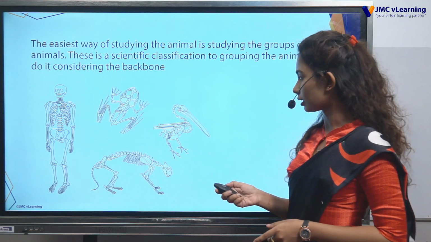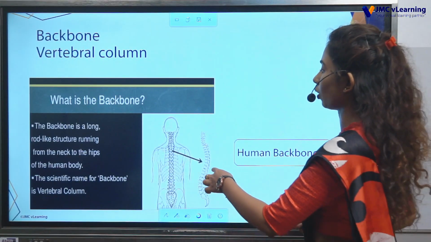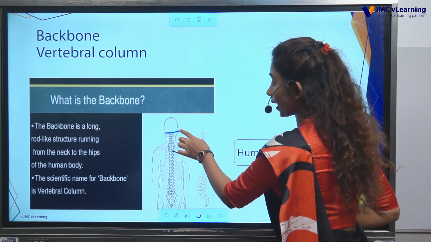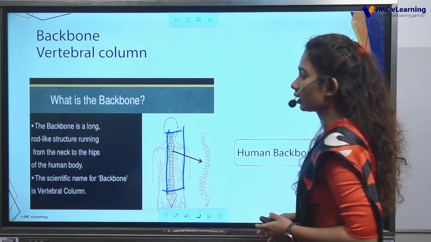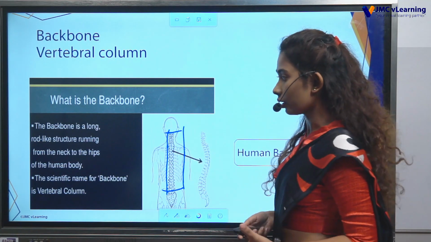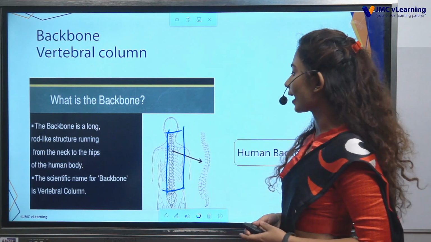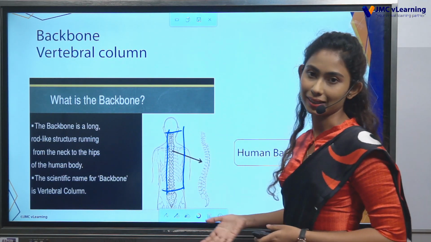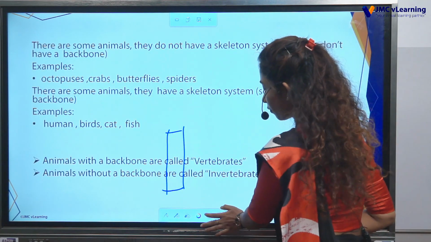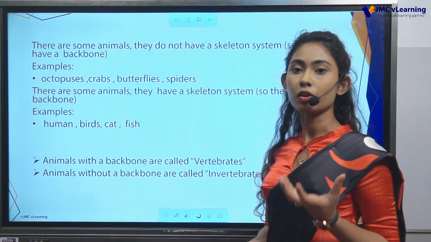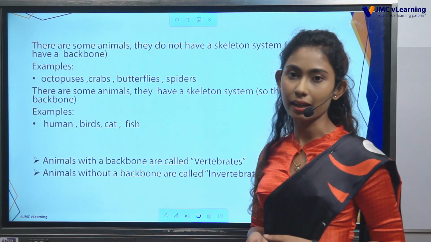Let's consider this human backbone. It starts from the neck and goes to the hip. The backbone is a long, rod-like structure, and the scientific name we call it is the vertebral column. The backbone is what we use for grouping animals in a scientific way.